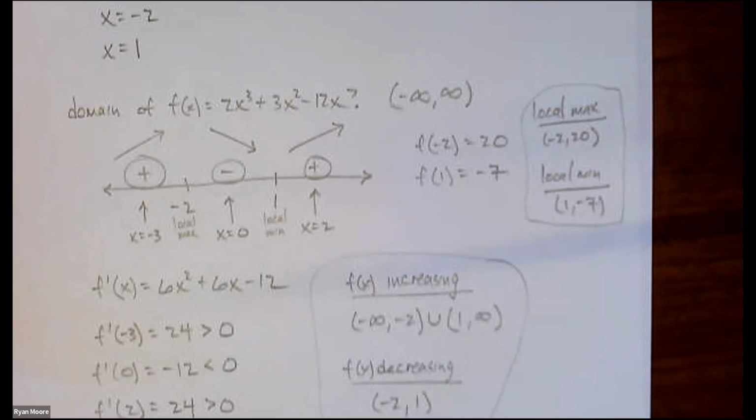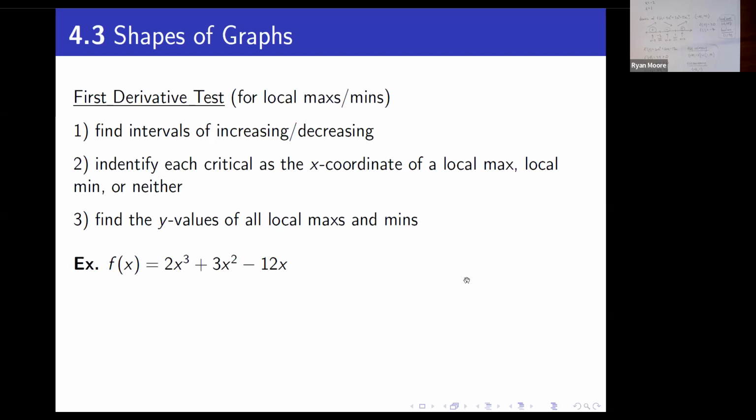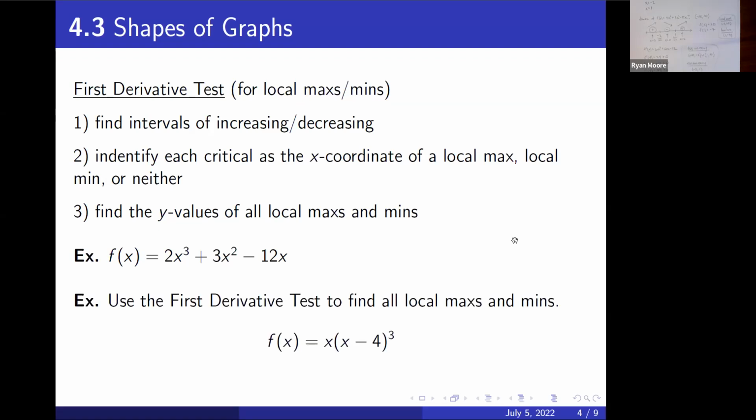Okay, let's do another example. This time, a new one, a little bit harder.